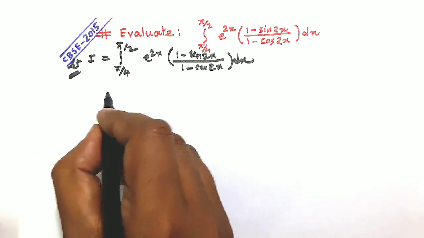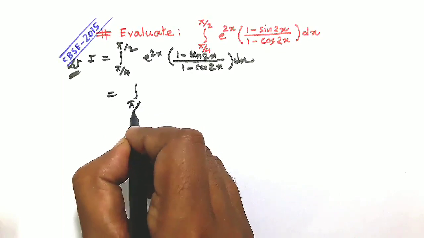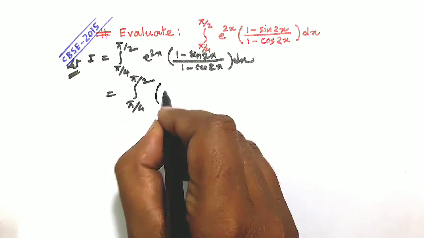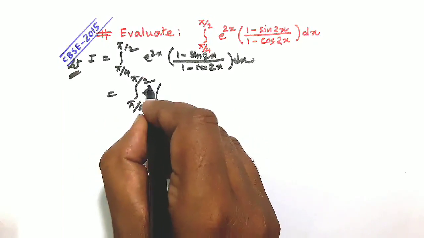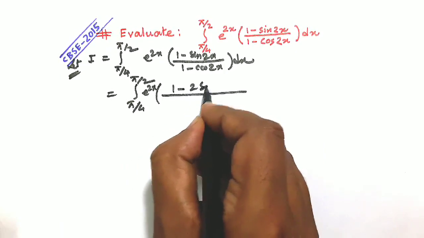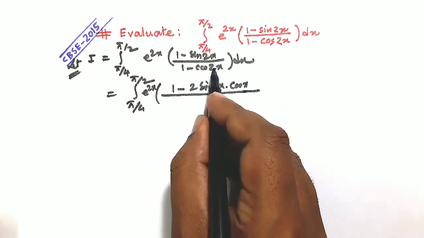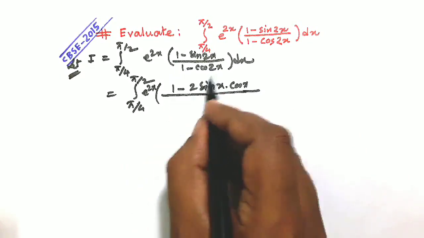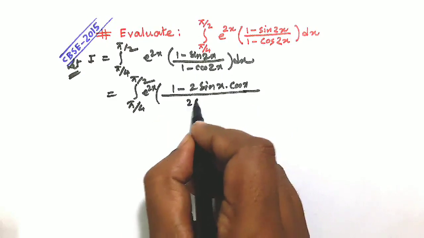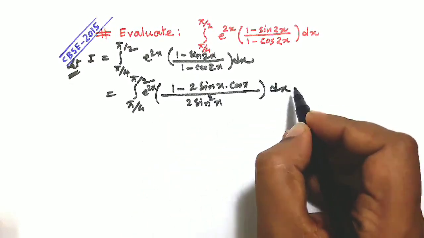So friends, we can write it as integration pi upon 4 to pi upon 2 e to the power 2x into 1 minus 2 sin x cos x upon 1 minus cos 2x. You know this form, it is actually taken from trigonometry. This is 2 sin square x dx.